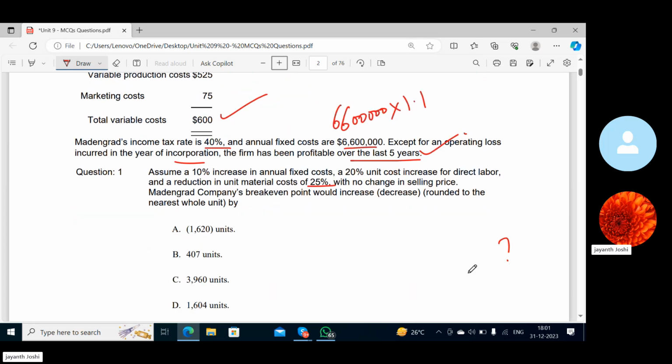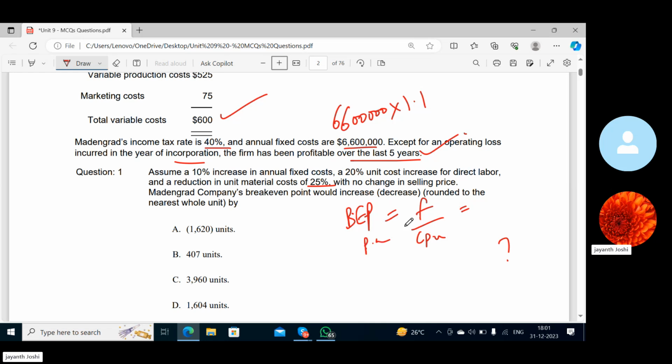So first of all, what's the formula for break-even point? There are two formulas for break-even point: break-even point in units and break-even point in dollars. Fixed cost by contribution per unit is break-even point per unit.